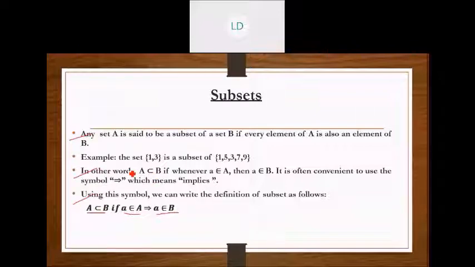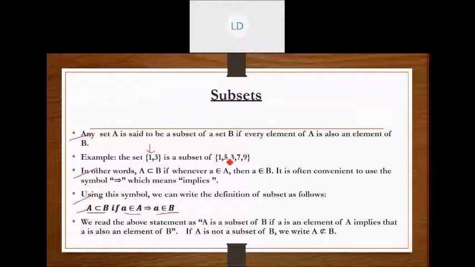So these are the three ways we write the subset definition. If any element, for example 1, belongs to the smaller set, then it will definitely belong to the bigger set. So this is the definition.